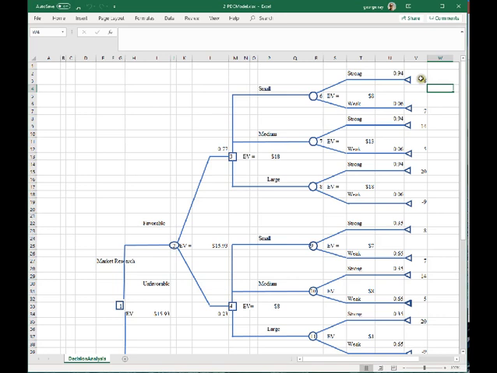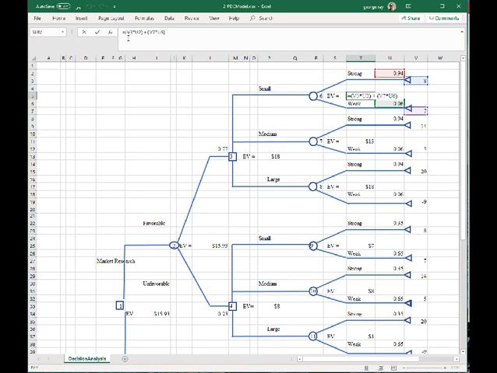So we've got our payoffs, and this, of course, is from the payoff table that we started the whole problem with. And now we've got our new probabilities, 0.94 and 0.06. Our expected value is going to be, as we see up in the formula bar, the weighted average of those two branches.